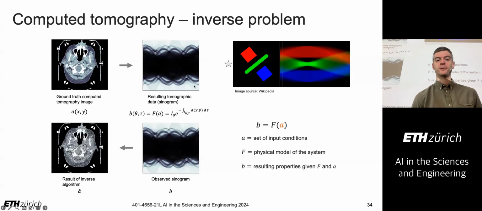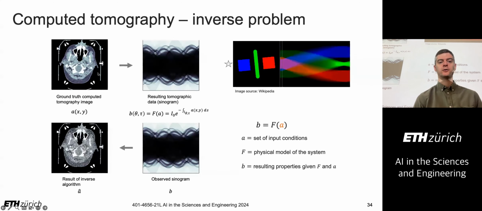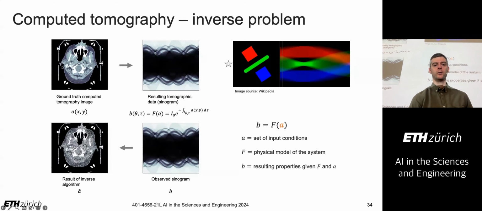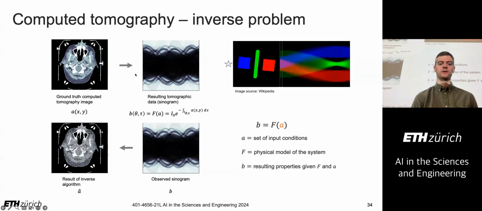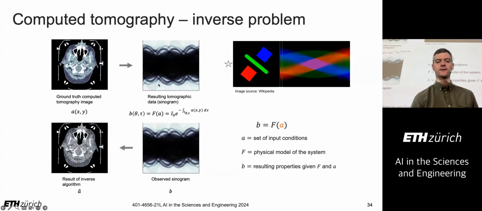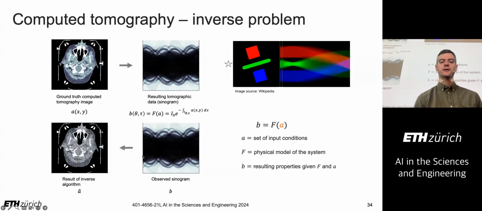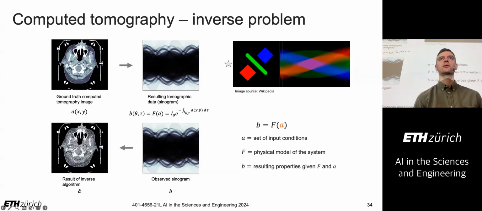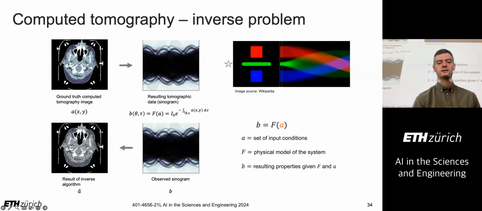Again, we have some sinogram that we observe from some image. So we scan ourselves. We want to produce one of these X-ray images, but what the device actually measures are these sinograms. It's the intensity at the screen. And so the goal is to do the inverse problem: take this sinogram data and try to reconstruct the image, or the absorption as a function of space here.